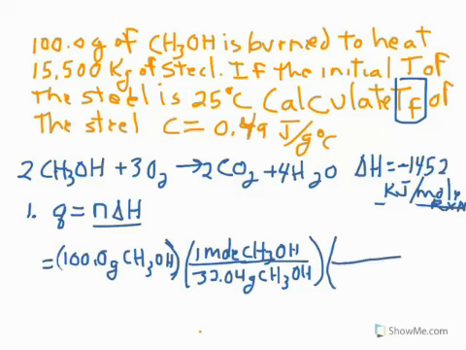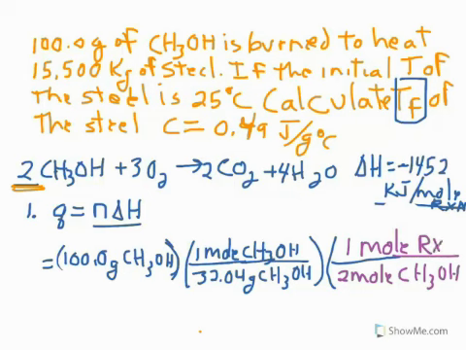I note that every time this reaction goes one time, I use up 2 moles of CH3OH. So I write in, and we'll put this in a different color, 2 moles of CH3OH for every time the reaction goes 1 mole. So per 1 mole of reaction. We'll talk more about that in class.